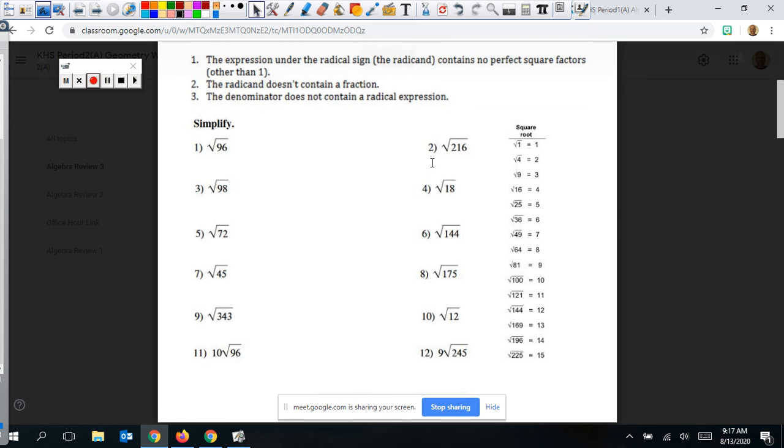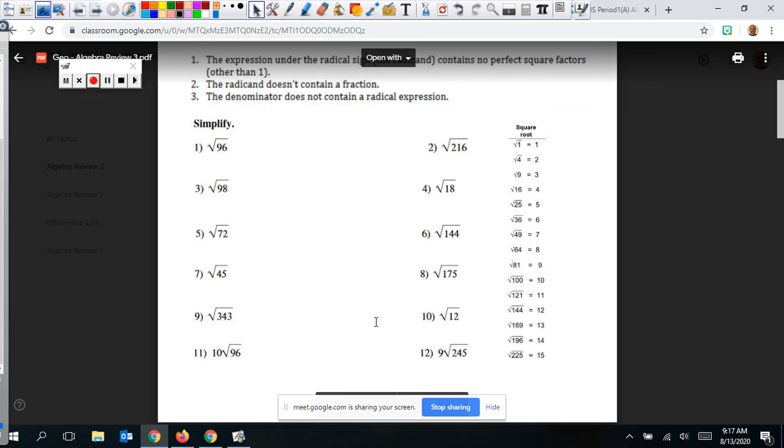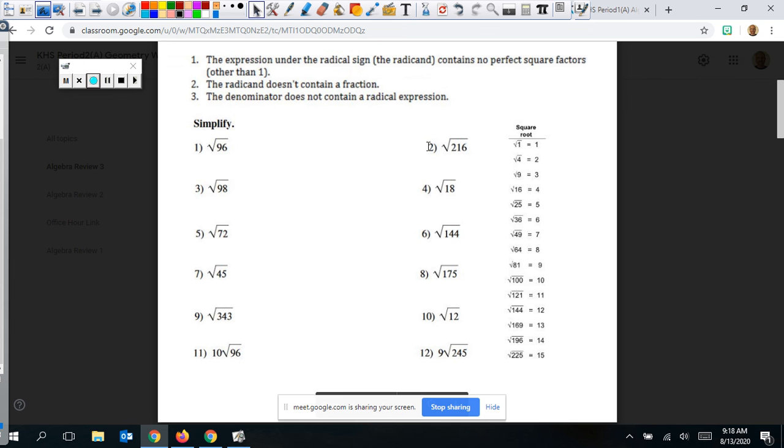Then over here, make number 1 square root of 96, and you can divide your paper in half, fold it in half long ways, and on the other side of that crease, put number 2 square root of 216. I would leave 2 line spaces if you're doing it on your own piece of paper to give you enough space underneath, and then do the next row, 2 line spaces, and so on, just to format it the same way as this page.